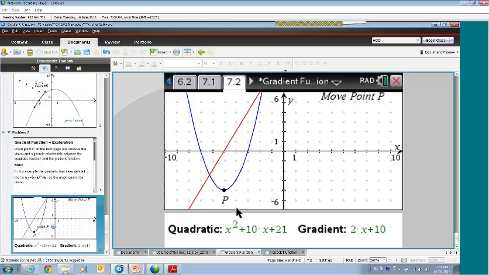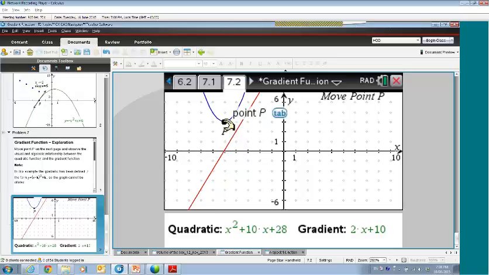For example, we've also got down here, you can see the gradient equation is being produced at the same time the quadratic is, and students should notice that a vertical translation is not impacting the gradient function in any way, and that really the only thing that's changing in our quadratic is this last term down here, the constant on the end, and that is not having any impact on our gradient function.